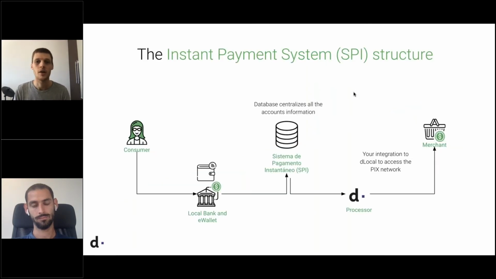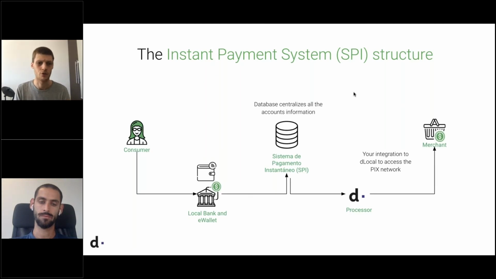So this is a quick overview of the instant payment system, Sistema de Pagamento Instantâneo in Portuguese. Sorry for my accent. But basically, this is the system that centralizes all the account information from all the financial institutions for making these payments.